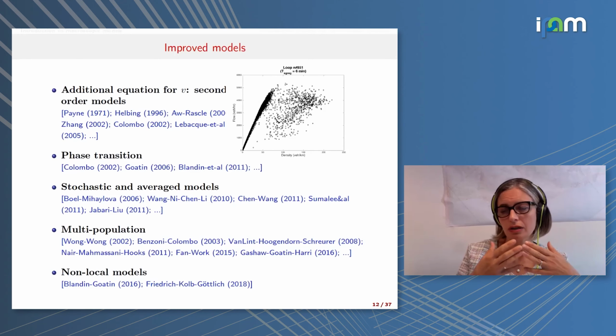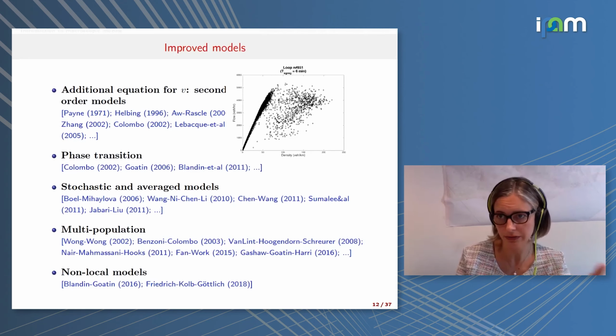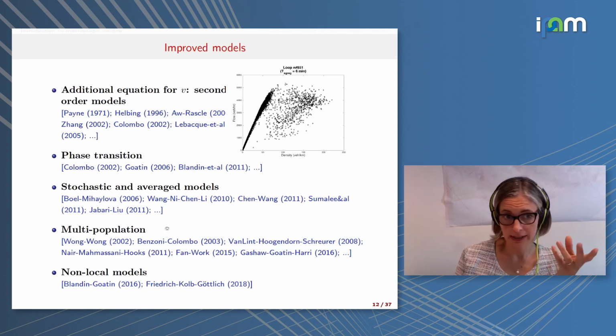And also many roads have several lanes, and this also may give more richness to what we observe in the real data. So you can find the multi-population models that I will talk about a little bit later, and also multi-lane models here.